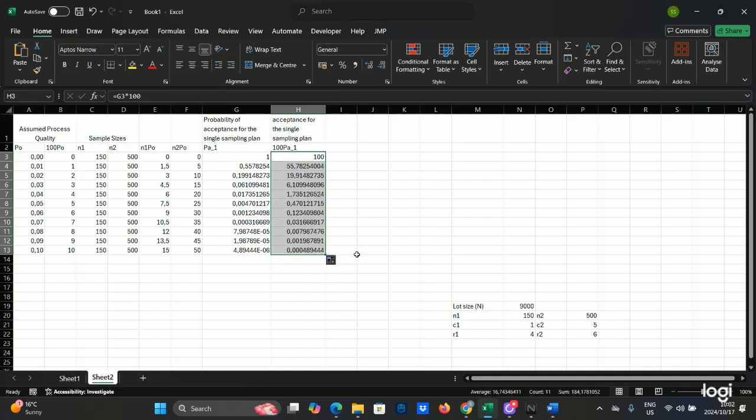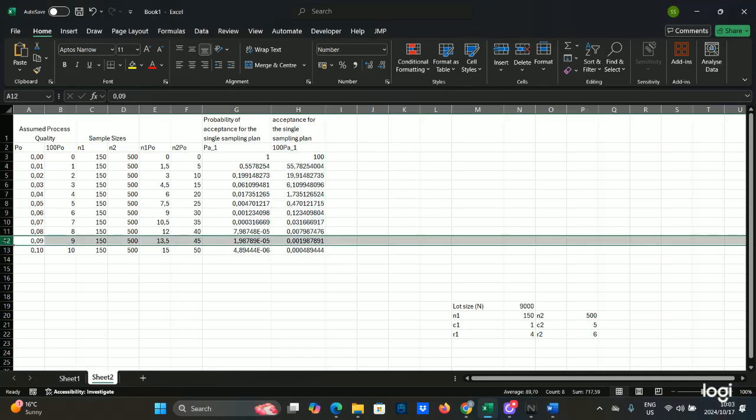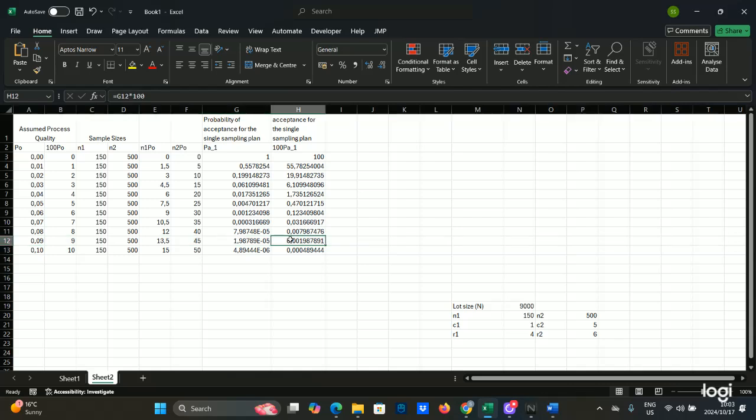As you can see from here, as the number of defectives increases, the percentage of acceptance decreases, to such an extent where it would be impossible for a company to even accept this. The percentage of acceptance is 0.00019, which is a very low percentage of acceptance.